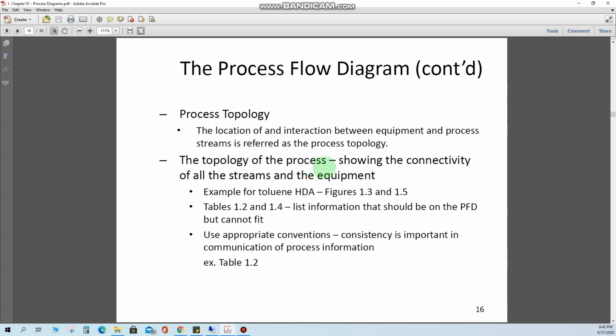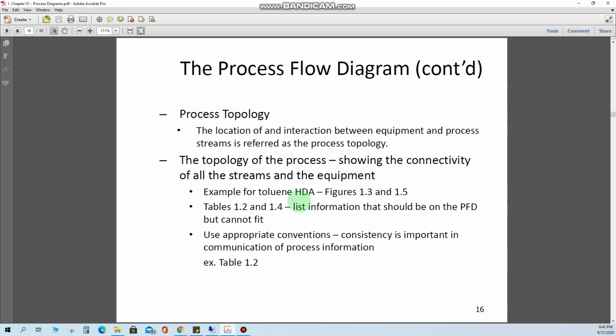The topology of the process shows the connectivity of all the streams and the equipment. You show the connectivity between the streams by using pipelines, and with the equipment you should have the location of a certain pipeline and how that pipeline is connected with an equipment.